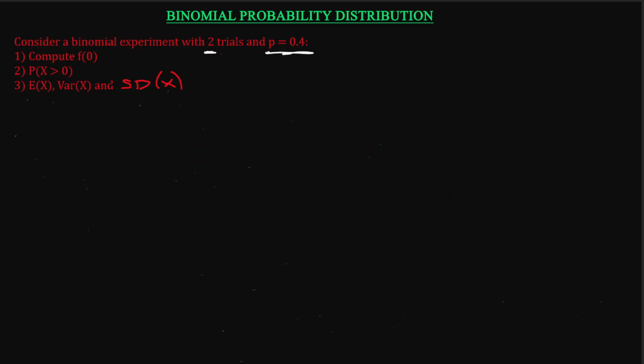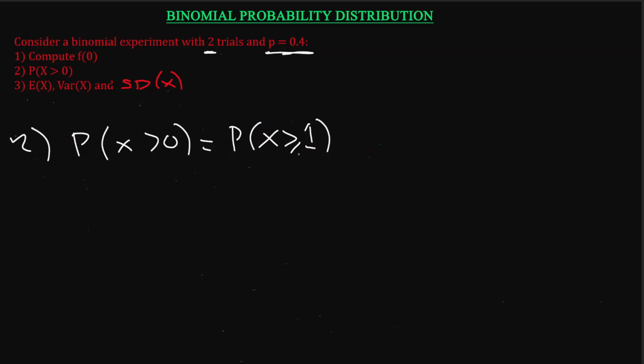Now, question 2 is to calculate the probability that x is greater than 0. This probability is the same as the probability x is greater than or equal to 1, which is the same as the probability of getting at least one success.